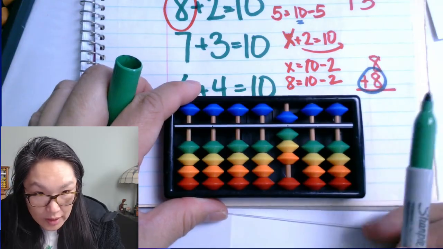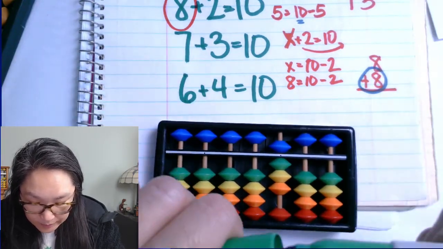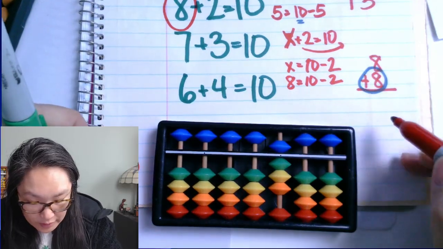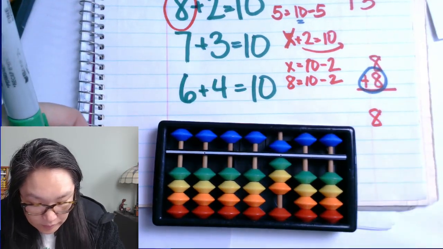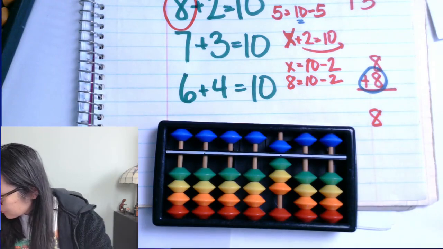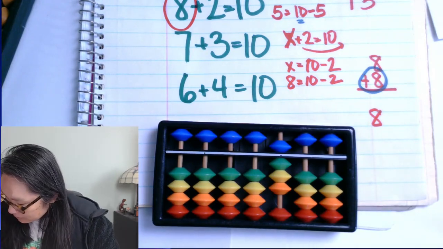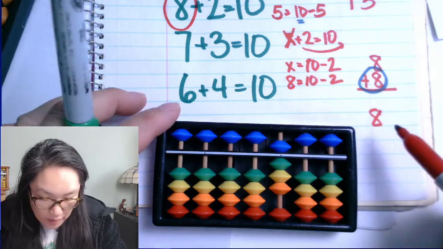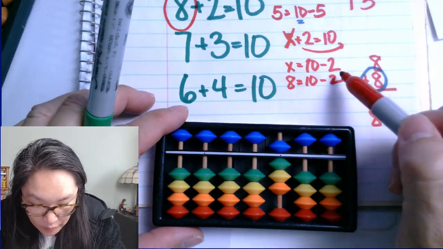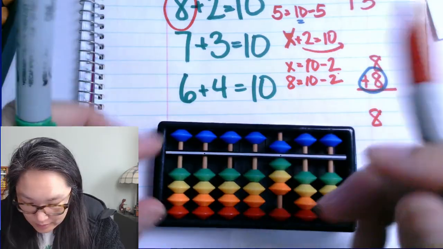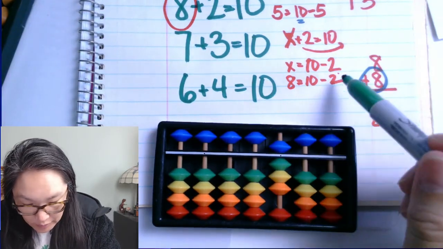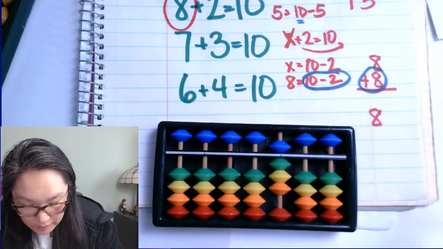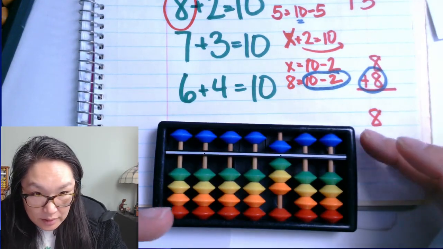So let me rewrite this. If I had the question 8, and I'm going to add 8, but I'm going to replace it with this. So that means what?